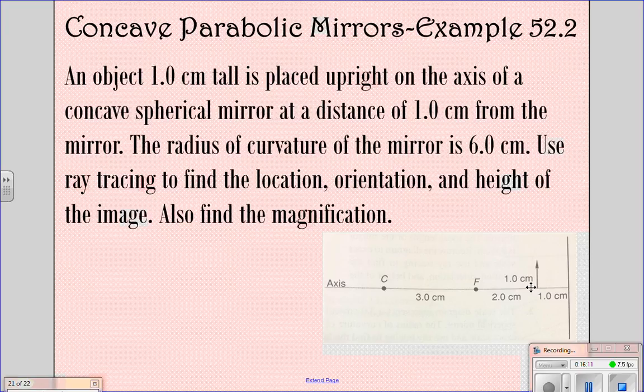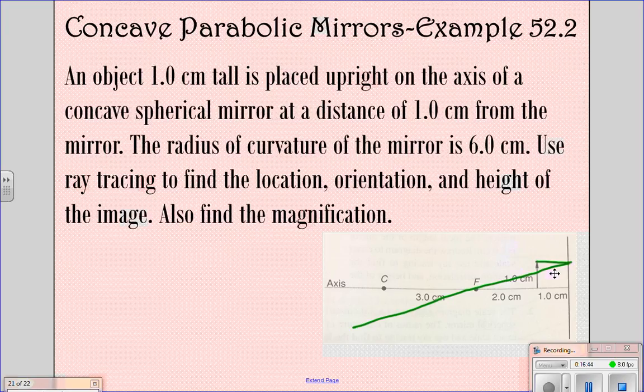So we are going to do 2 rays from our object. First one is parallel to the axis, and then it comes back and goes through the focus. Okay, so that's the first one.